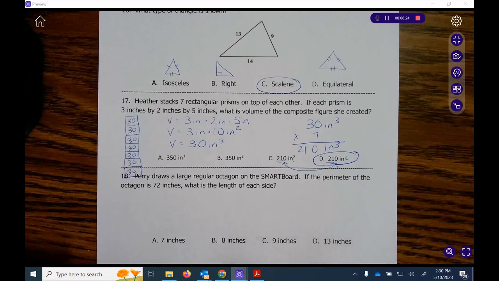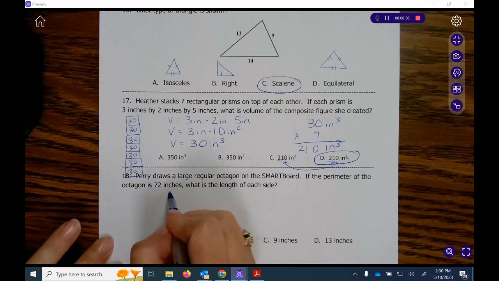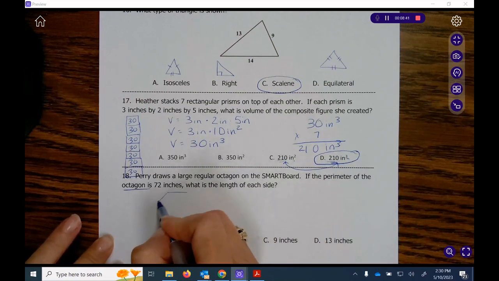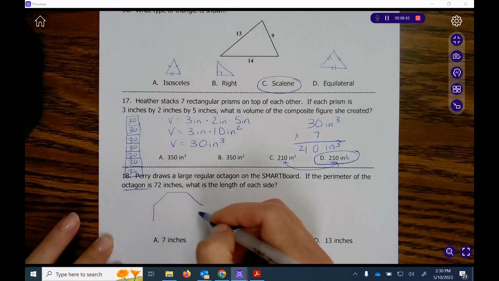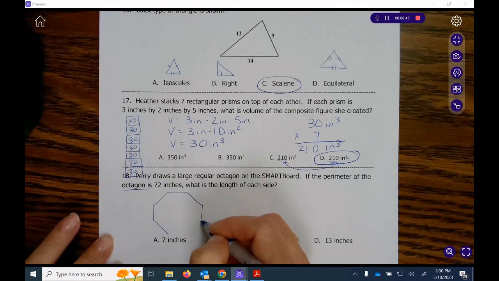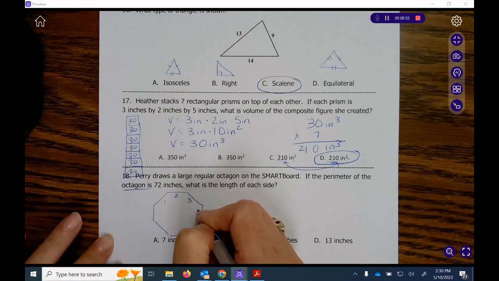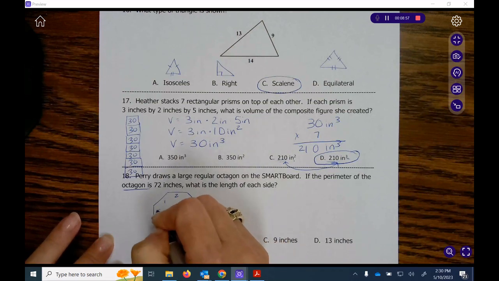Perry draws a large rectangular octagon on the smartboard. If the perimeter of the octagon is 72 inches, what is the length of each side? Okay, so an octagon, like an octopus, is 8-sided. And that is the shape of a stop sign. 1, 2, 3, 4, 5, 6, 7, 8.